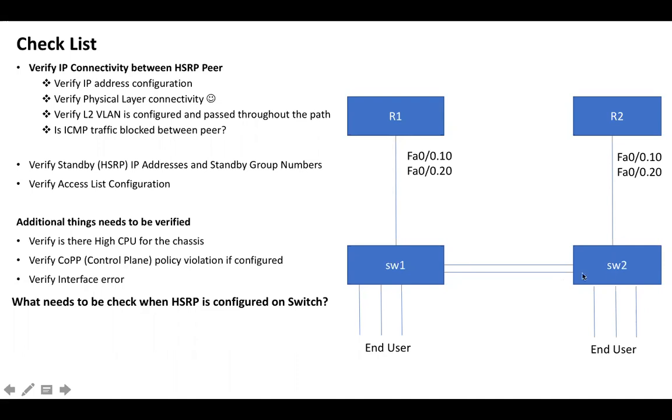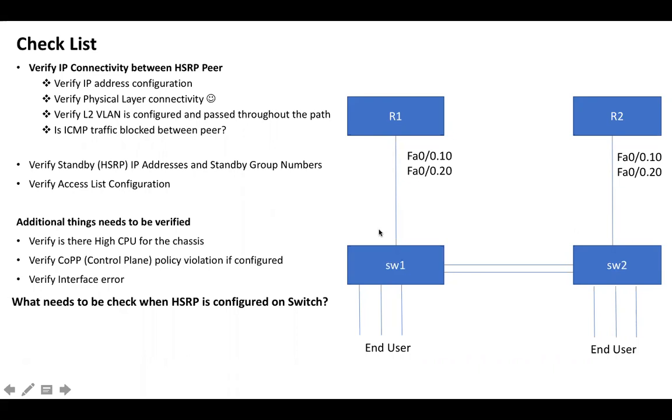Let's say you have corrected layer 2 configuration on switch 1 and switch 2. Still, HSRP is not working as expected. So at this point, we have verified IP address configuration between R1 and R2 for this particular subinterface Fa0/0.20, as well as we verified that VLAN 20 is configured on switch 1 as well as on switch 2 and passed on these interfaces.